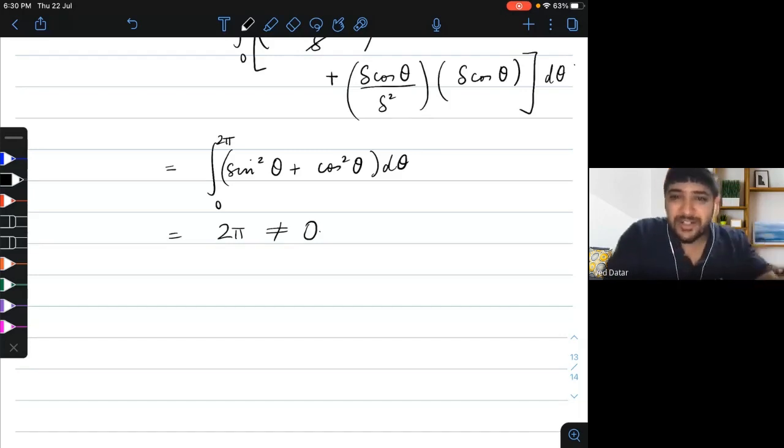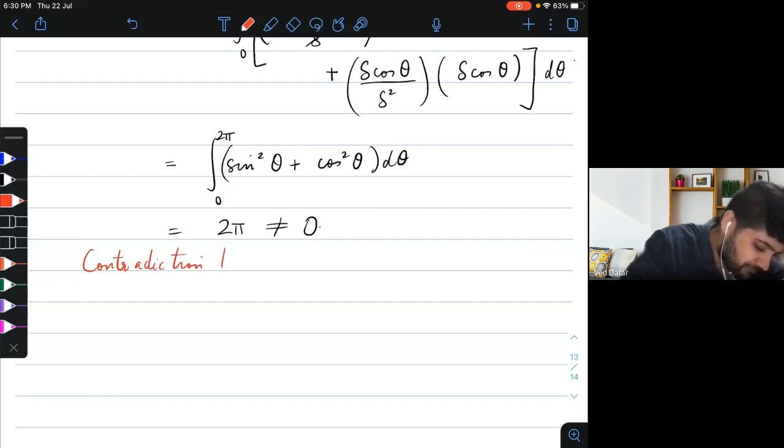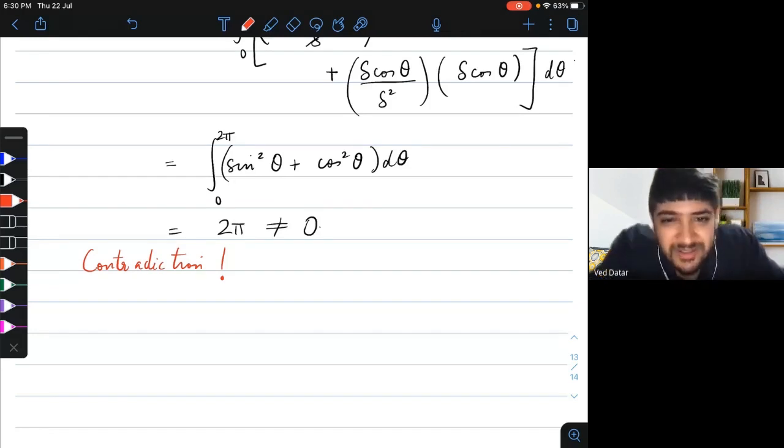So we calculated this integral in two ways. One, using the fundamental theorem of calculus, we got the answer 0. One, using an explicit calculation, we got the answer 2 pi. So that's a contradiction. So that completes the proof of this theorem.